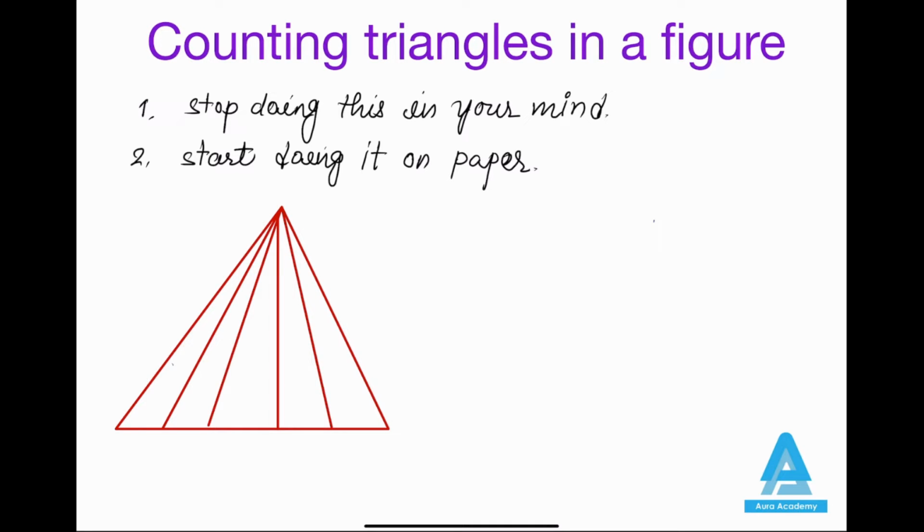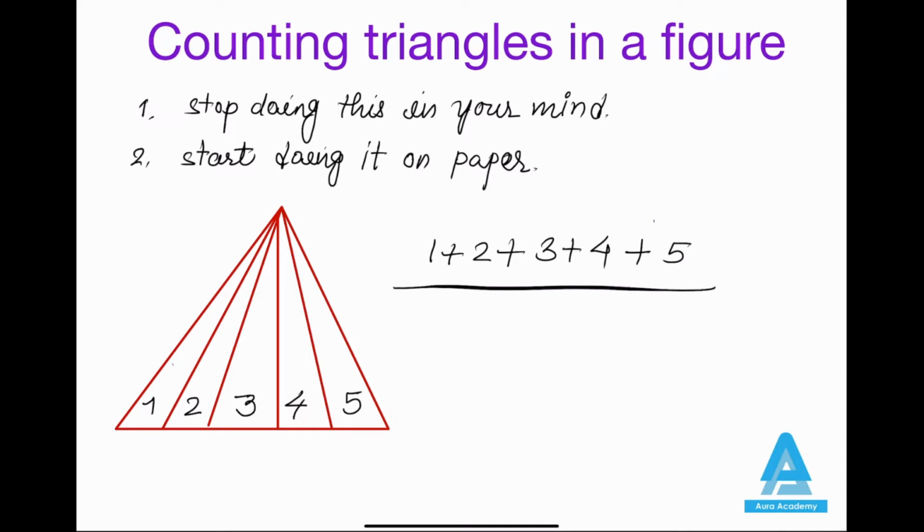See, the figure is like this. If this is the figure, start counting: 1, 2, 3, 4 and 5. So 1 plus 2 plus 3 plus 4 plus 5. Now this is also taking time, correct?